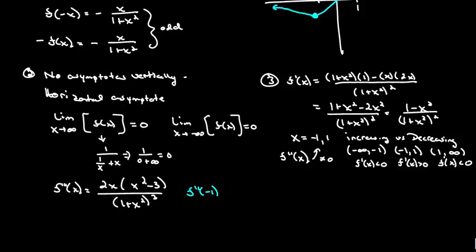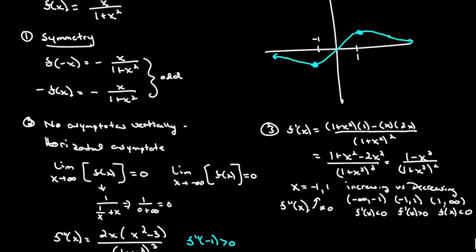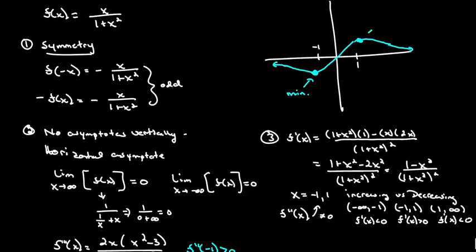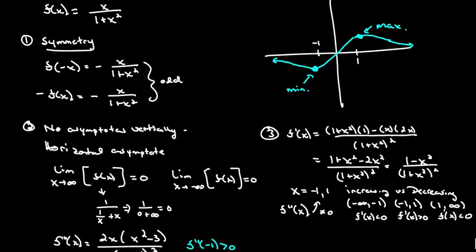And it's positive because we have a negative times a negative. Positive, there we go. Since it's positive, that means that we've got a minimum. And of course, if we check f double prime at +1, this becomes positive, this is negative, so the whole thing is negative, and so we get a local maximum.